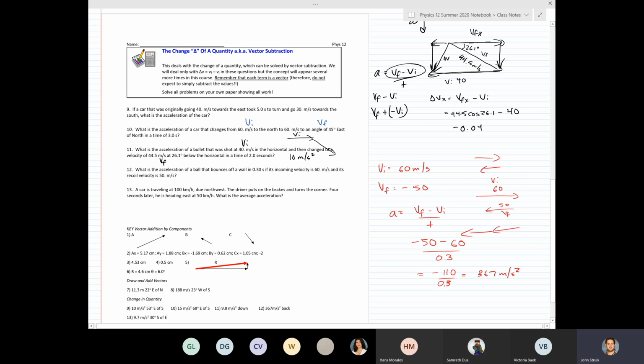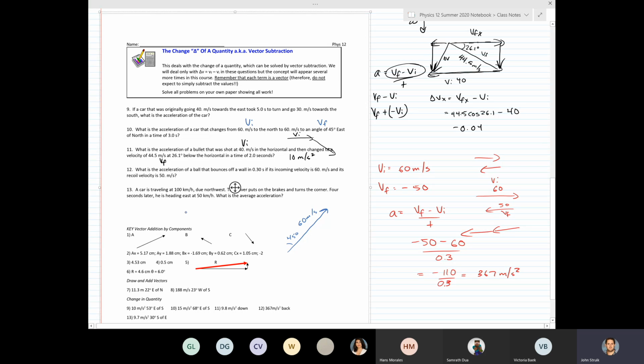So we're going to do the VF first, which is that. So that's 60 meters per second, and this is 45 degrees. And then minus VI. Now, you're subtracting VI, so you're adding the negative VI.